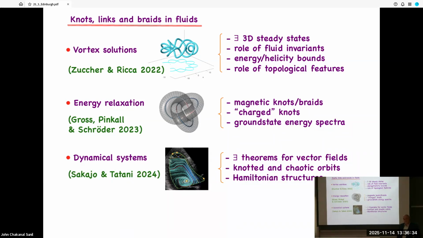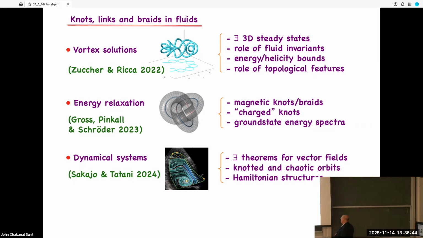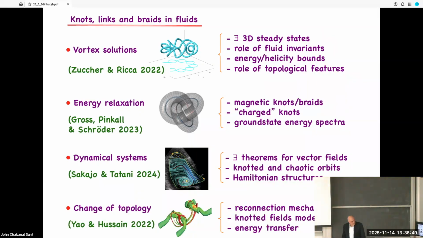I mean, 3D features in the blood, and some that still are there if you have a heart that is not working properly, etc. So the classical problems are existence theorems and information on topology, whether the orbits are chaotic or not, the Hamiltonian structure. Now, something that is, of course, much more interesting is the change of topology under a dissipative system, a resistive system, and so on and so forth.